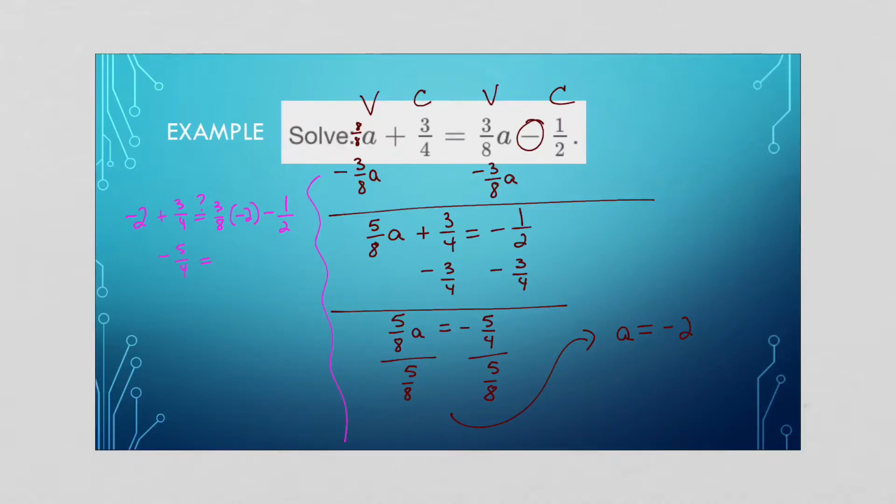And on the right-hand side, I'm going to type in 3/8 times negative 2 minus 1/2, and I get negative 2/11. Sorry, losing my mind. I typed something in wrong, but I wind up getting negative 5/4 anyway. All right, so negative 5/4 equals negative 5/4. I know that that is correct.